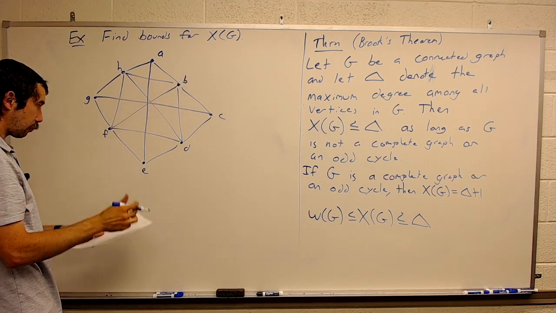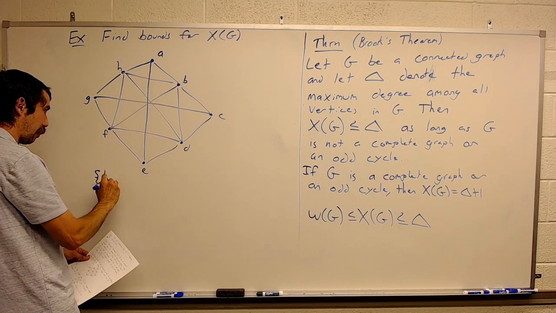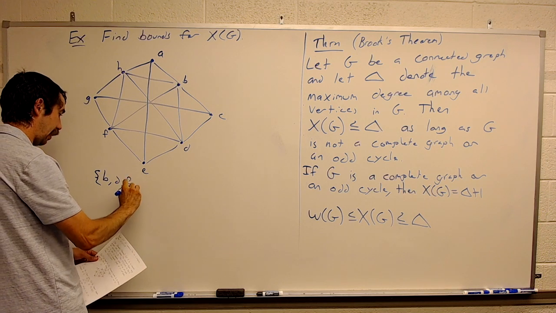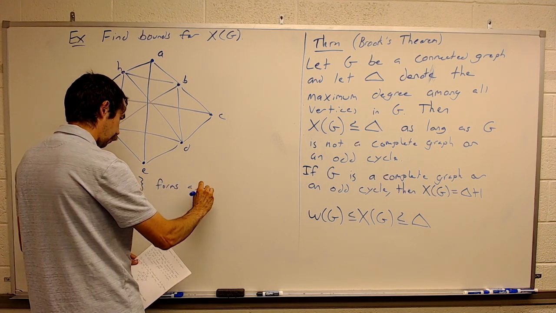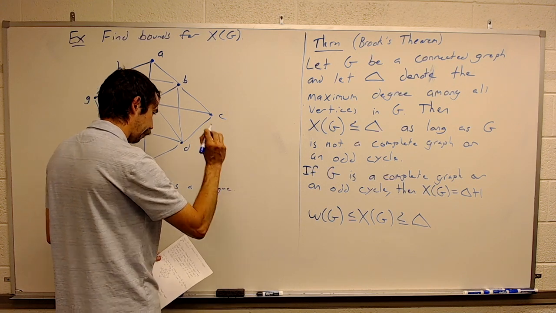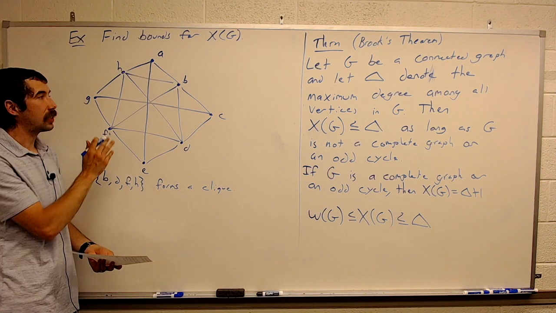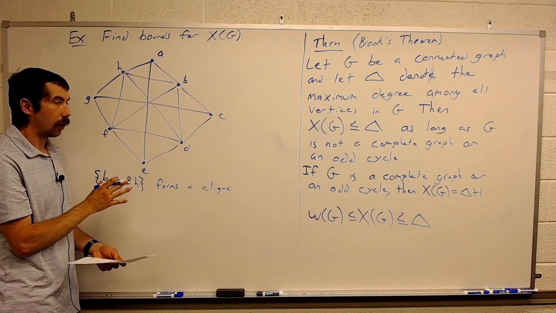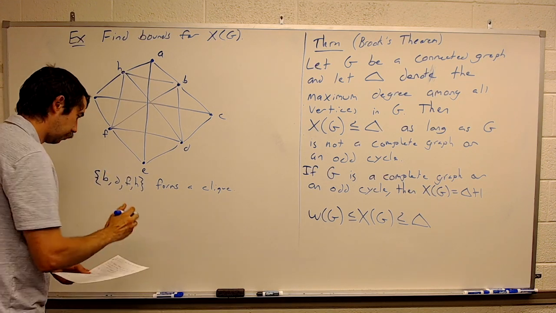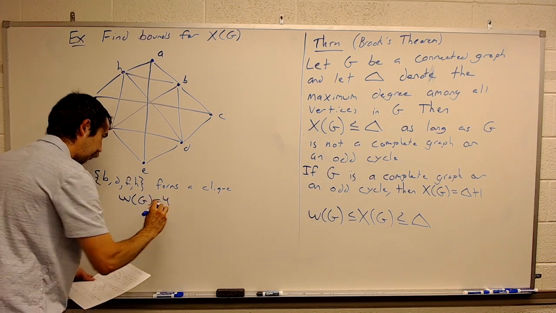So the set, let's just go alphabetical order, B, D, F, and H forms a clique. Okay, and we could look for a bigger clique, but this is actually the biggest clique in the graph. All right, so our clique size is 4.